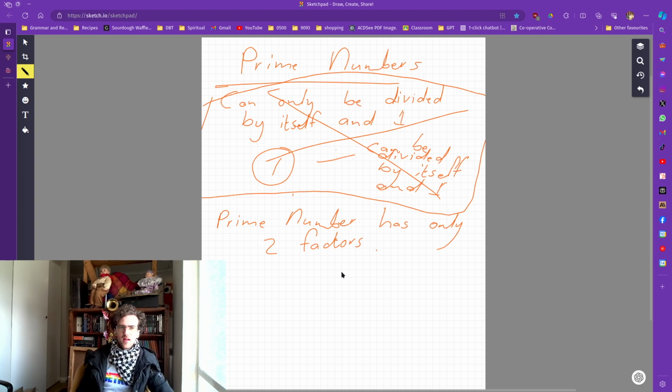This is a little bit less simplistic, but a prime number has only 2 factors. There are only 2 numbers that can be multiplied to give you that number. And 1 can always be multiplied by anything, so that takes up one of the spaces. Therefore, it can only be the other number.